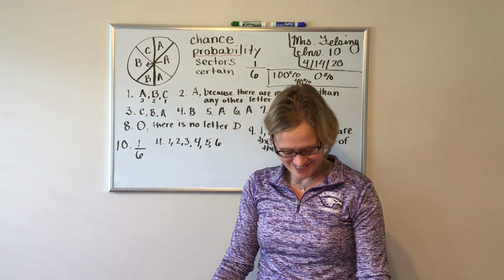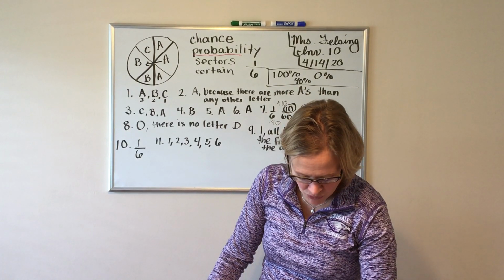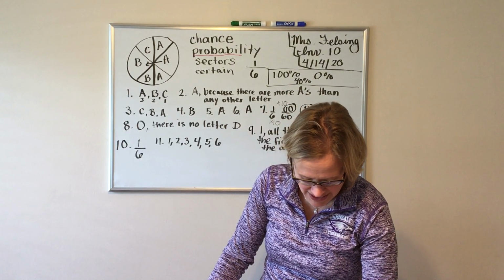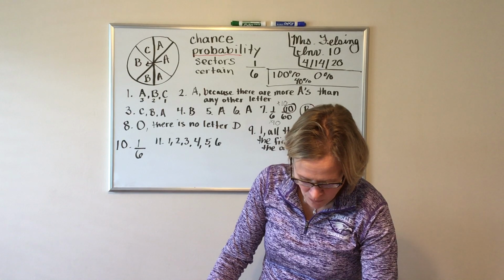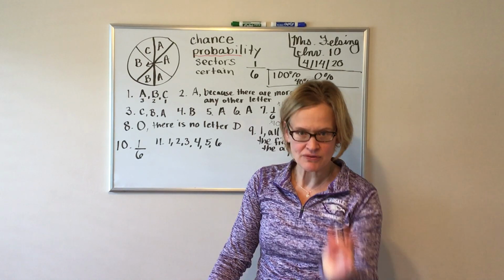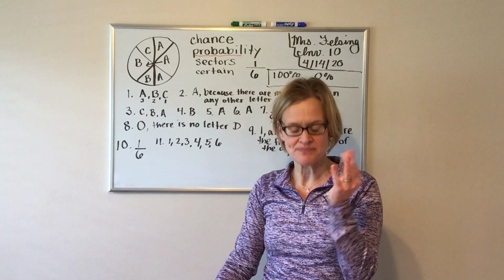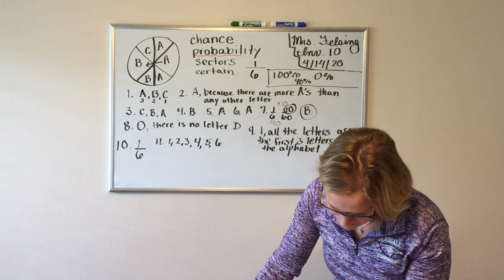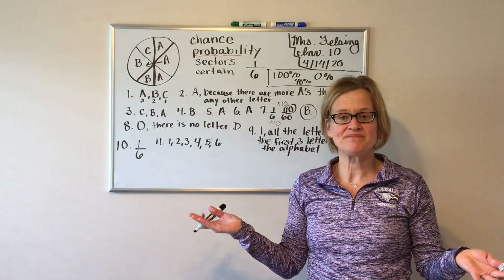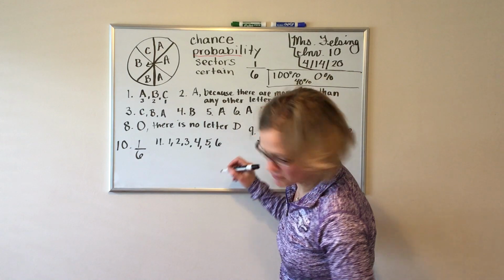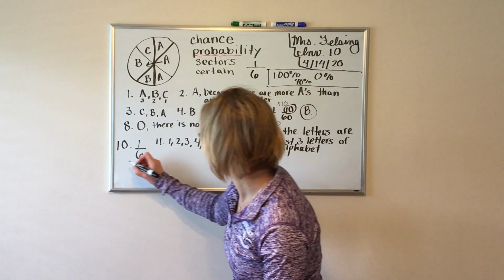So number 12. If a dot cube is rolled once, which number is most likely to end up on top? Why? So out of all these, which is the one that's most? And the answer to that is none of them. And we would put that down for 12.